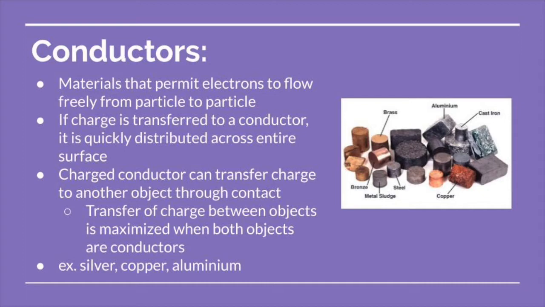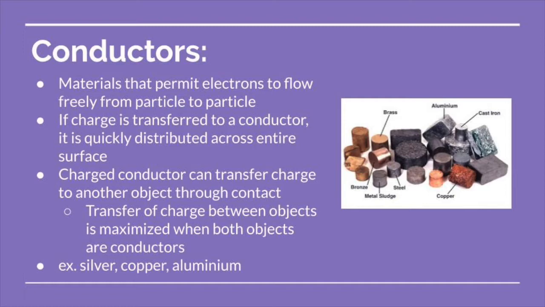Seriously. Okay, so the first thing I want to talk about is conductors and insulators. So just going to go through this pretty quickly, but basically a conductor is any material that permits the free flow of electrons from particle to particle. So an object that's made up of a conducting material is going to allow charge to be readily transferred across its entire surface.